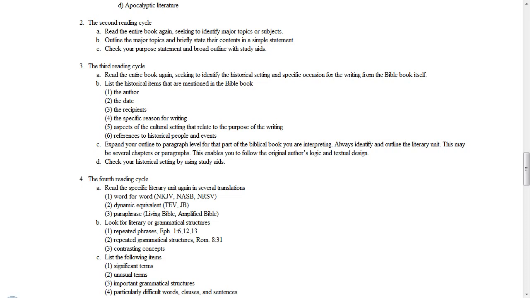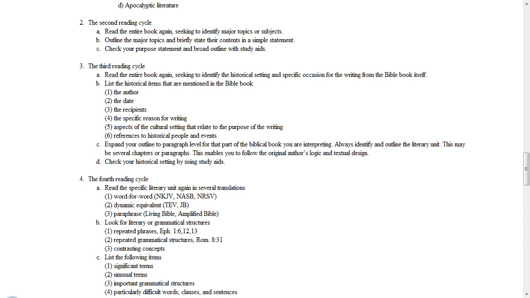Of course, this method of hermeneutics doesn't work well with, say, Psalms or Proverbs, because they're not really paragraphs. But this works great when the genre is letters, pastoral letters or whatnot.